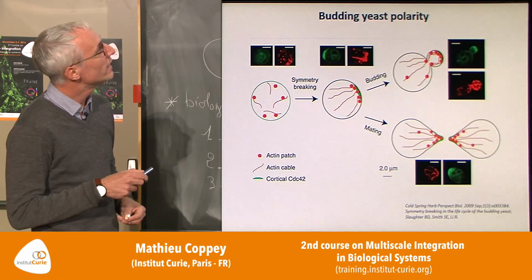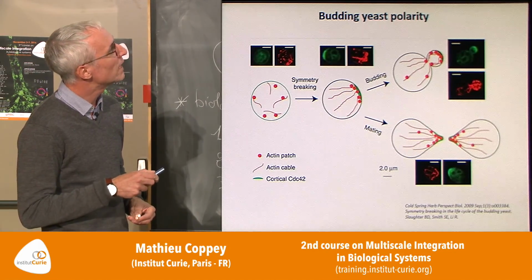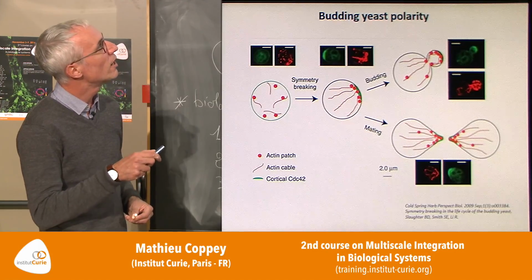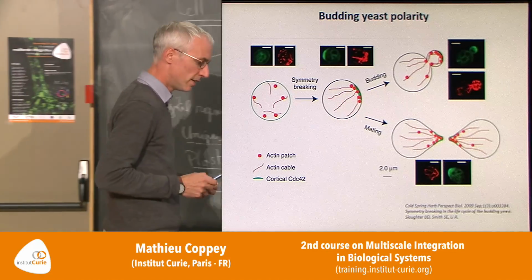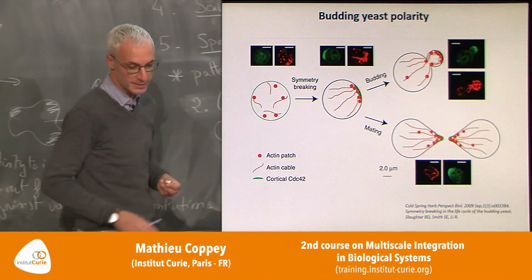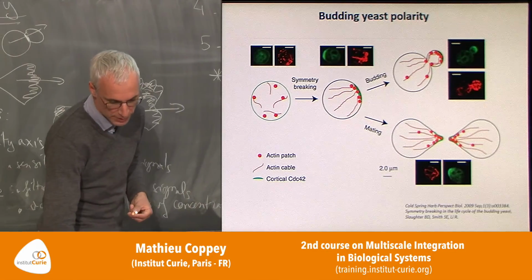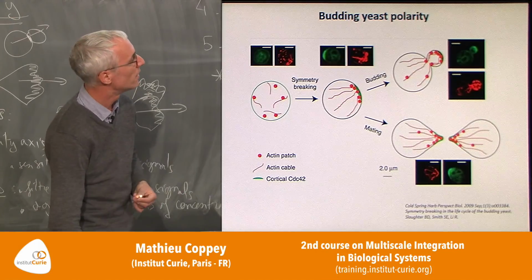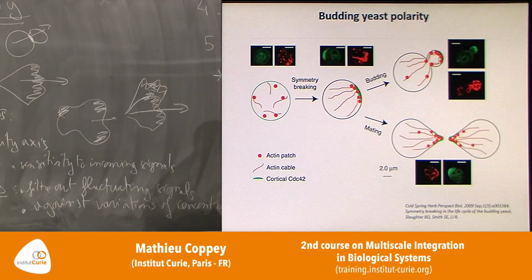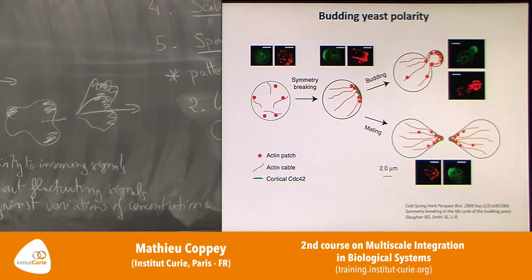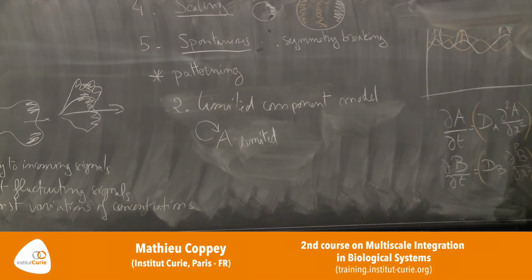And the idea is that this patch of CDC42 is really the landmark of this polarity site on the yeast here. And it was demonstrated over the years that one of the best models that recapitulates the data is the following.